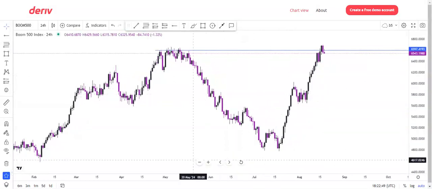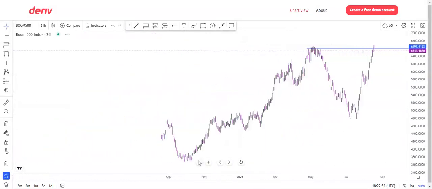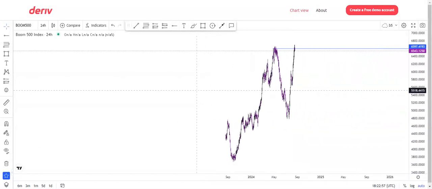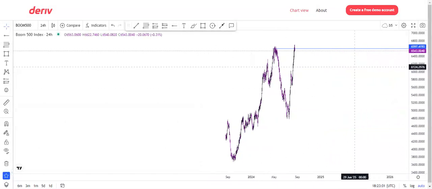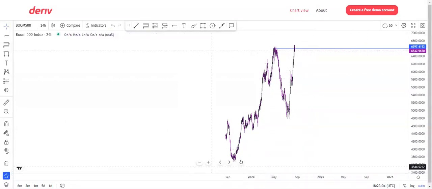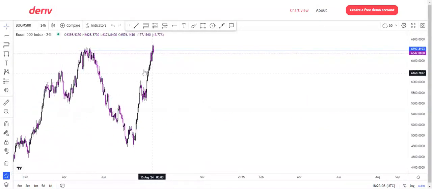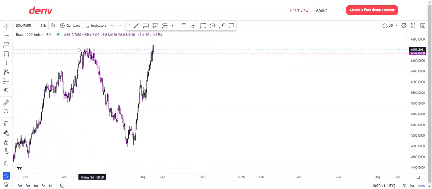So on Boom 500, on the 24 hours, we see there was liquidity lying on these highs, and then basically this is an M formation.